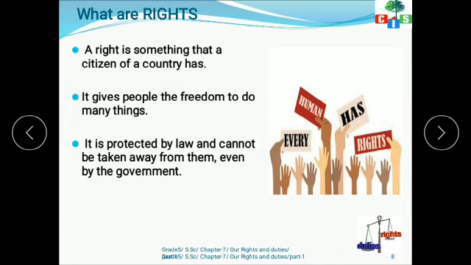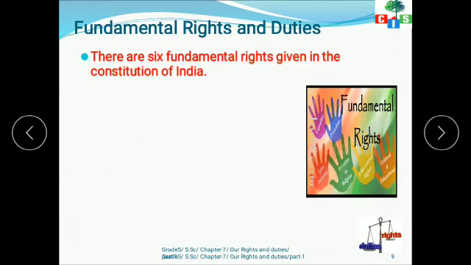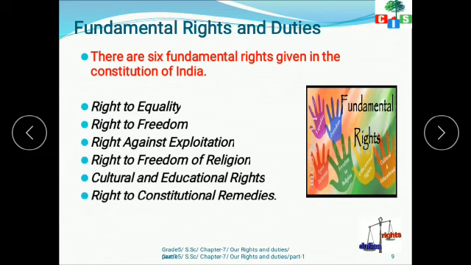Now move to the next slide, fundamental rights and duties. Let's see what the fundamental rights given in the Constitution are. There are a total of 6 fundamental rights. First is right to equality, then right to freedom, right against exploitation, right to freedom of religion, cultural and educational rights, and right to constitutional remedies.